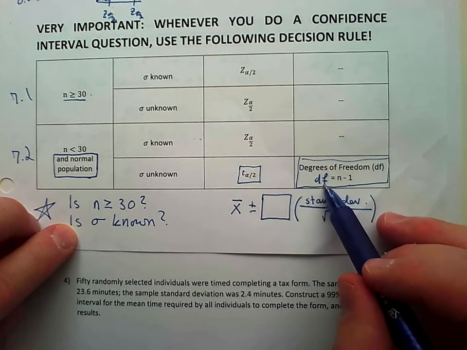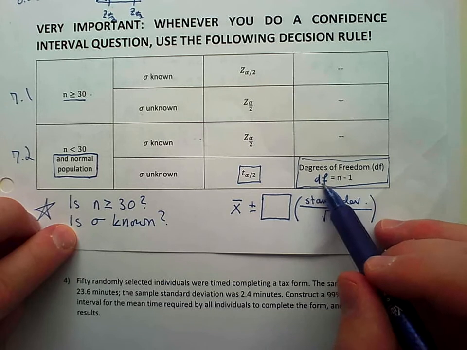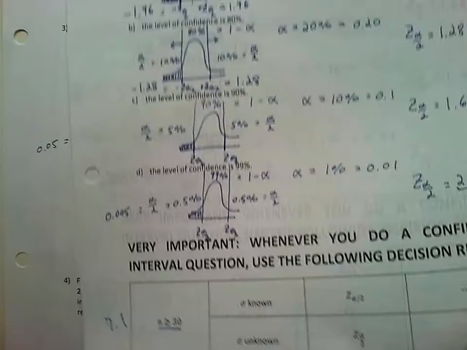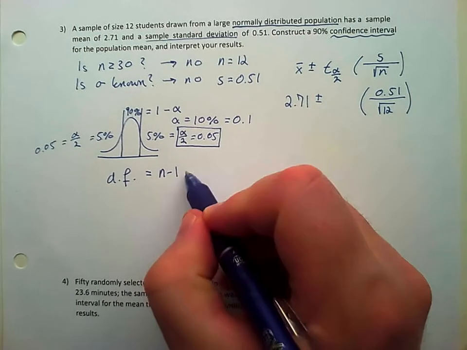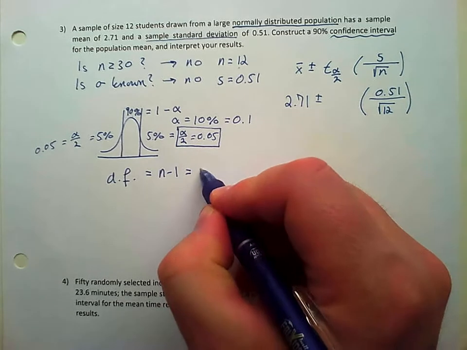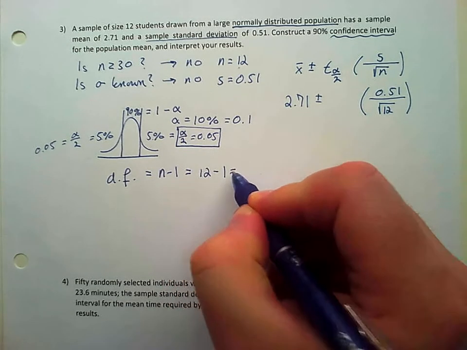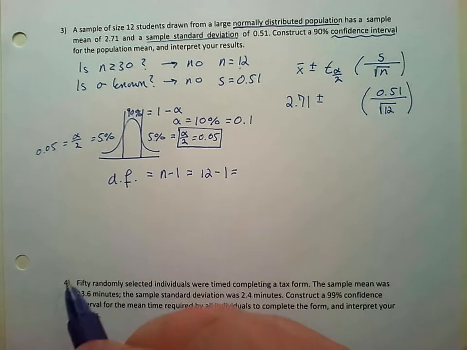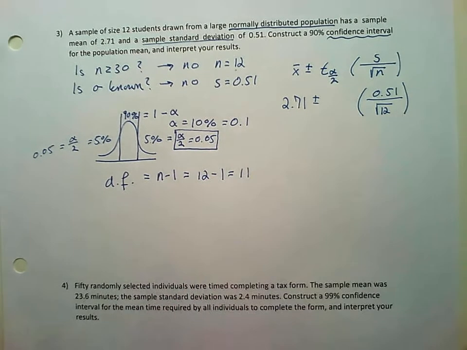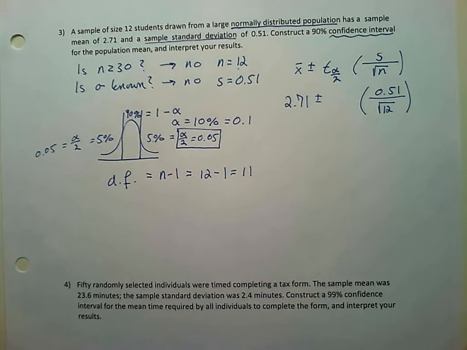So the way that we calculate our degrees of freedom, abbreviated as df, is to take little n minus 1, where again, little n is our sample size. We already said that our sample size was equal to 12. So 12 minus 1 might be the simplest thing that we do all day today. 12 minus 1 is equal to 11.